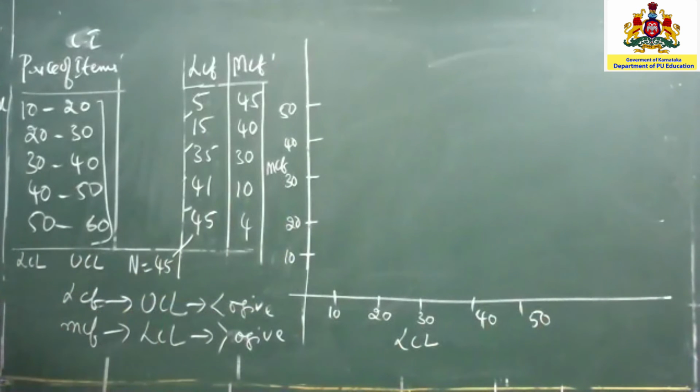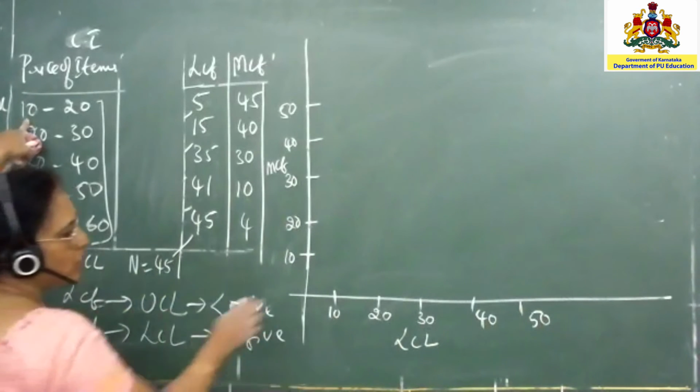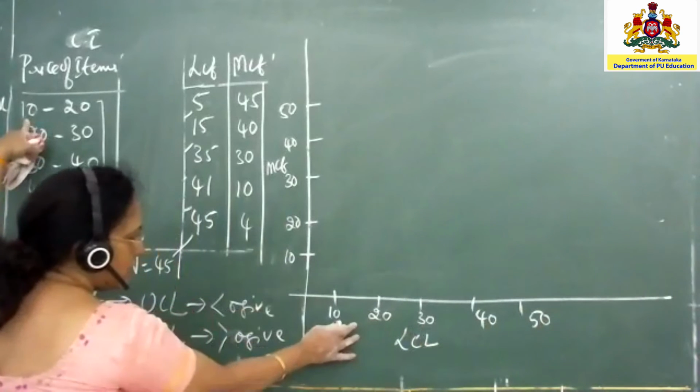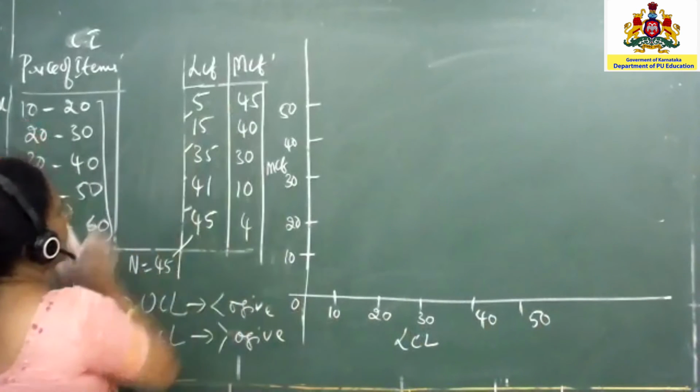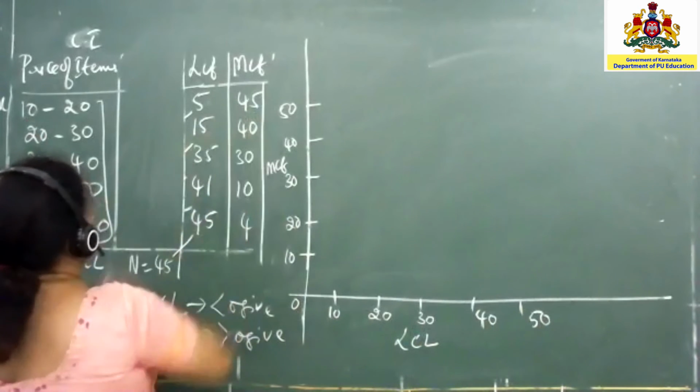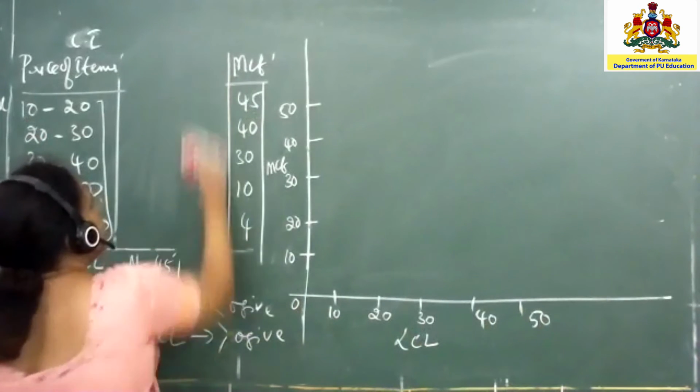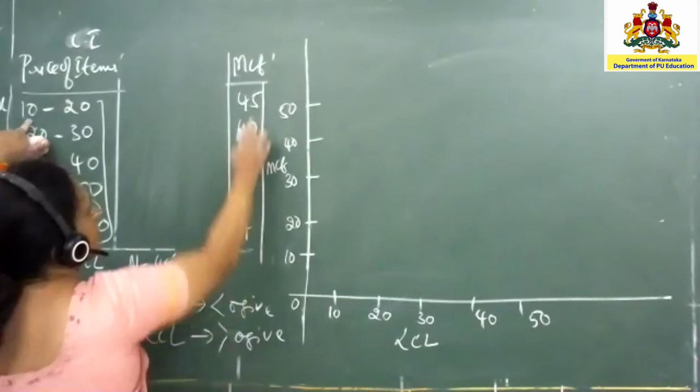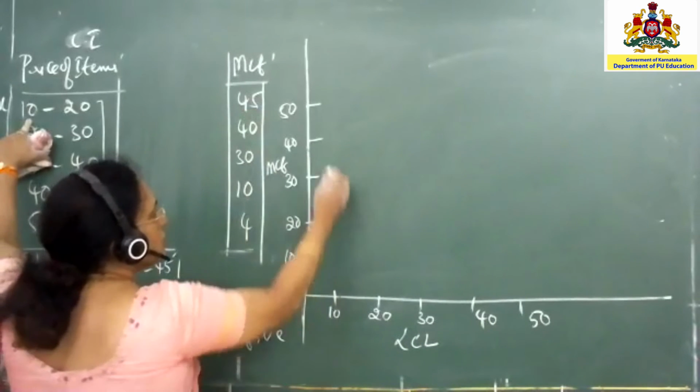Okay. Now same way. So now 10, lower class limit. Okay. Now 10 is this one. Against now MCF, this is 45. This one you have to take. Okay, now you have 10, 45. So this is 10, this is 40.